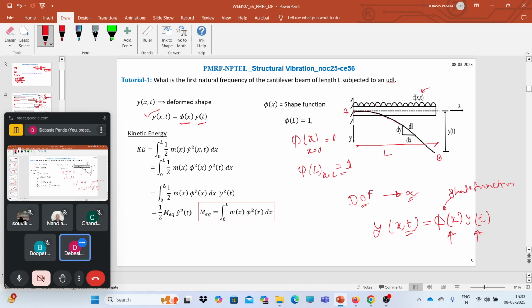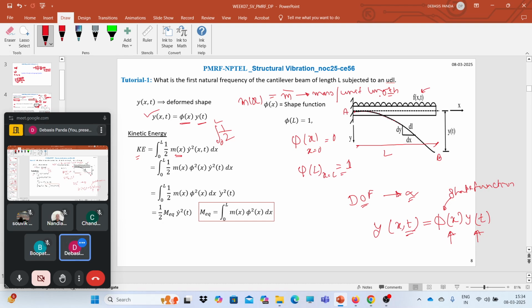Now, if I want to calculate the kinetic energy of this dynamic system, what will it be? Kinetic energy is half, integral from 0 to L over this cantilever beam. We need to integrate because we are not considering a lumped mass; otherwise we could write half m v square with the total mass. So it is half into m of x, where m of x is m bar, the mass per unit length.